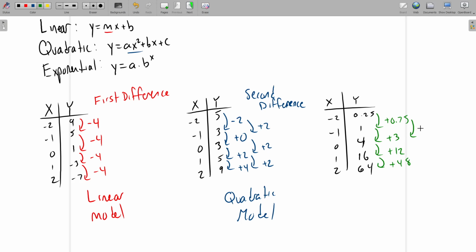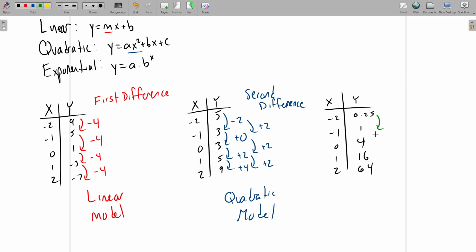From 0.75 to 3, we have to add 2.25. From 3 to 12, we have to add 9. And from 12 to 48, we have to add 36. So there is not a second difference either. So what's going on? We could do this again and look for a third difference, a fourth difference, but we're never going to see all of those numbers be the same. So we have to go back to the beginning.